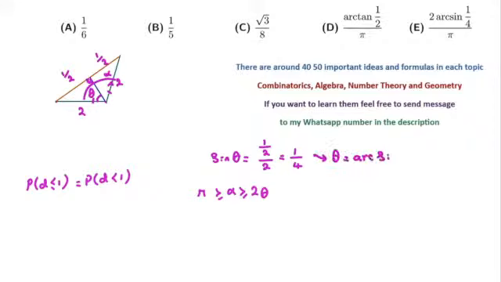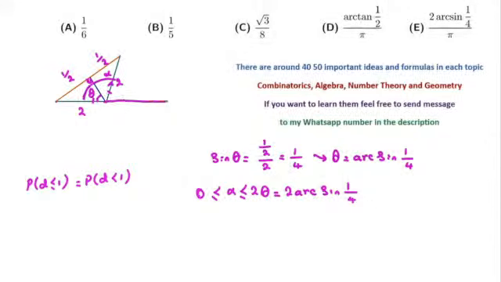It will be arc sine 1 over 4. Now, the problem says D less than or equal to 1. So alpha should be greater than or equal to 0 and less than or equal to theta, 2 arc sine 1/4.